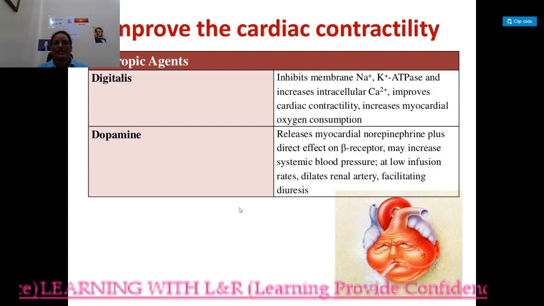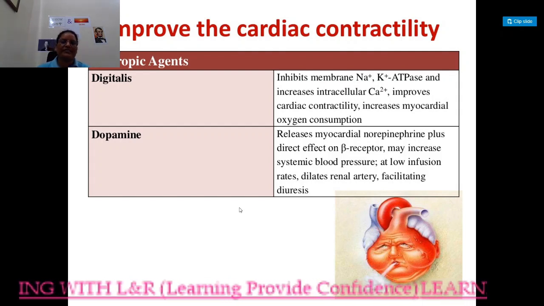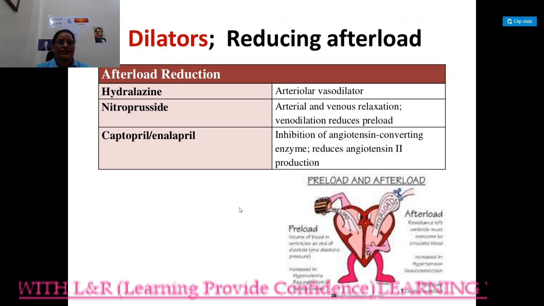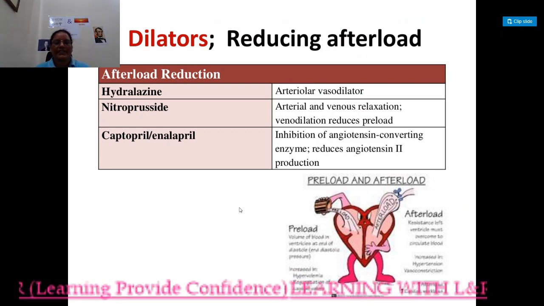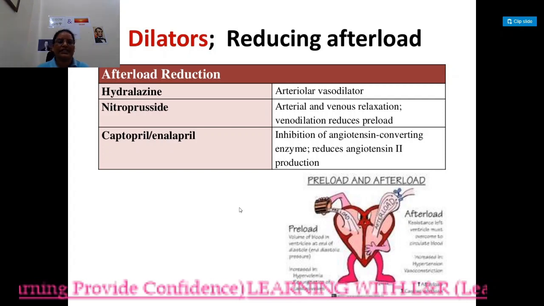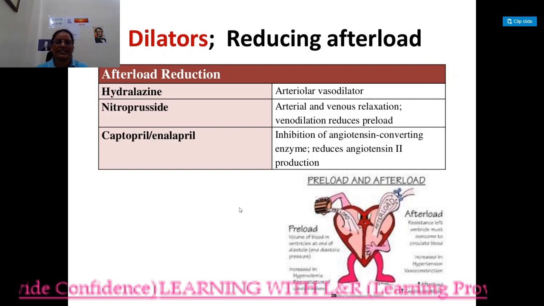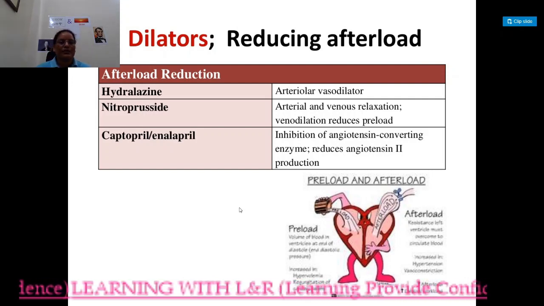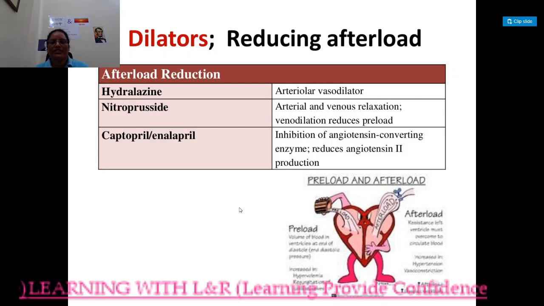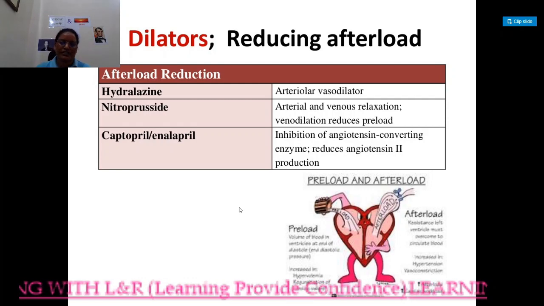Then dopamine releases myocardial norepinephrine plus has a direct effect on beta receptors. Then next is afterload reduction: hydralazine, an arterial vasodilator; nitroprusside, arterial and venous relaxation; venodilators reduce preload. Then captopril, inhibition of angiotensin converting enzyme, reduces angiotensin 2 production.